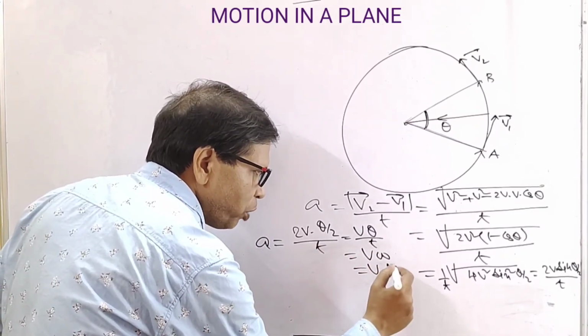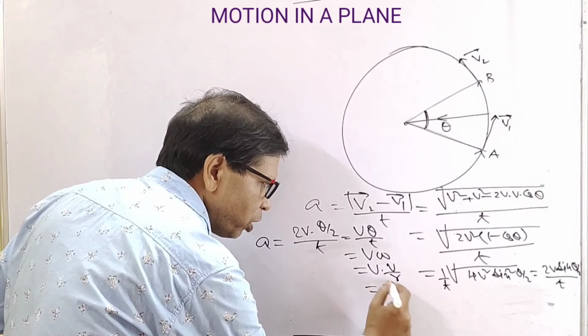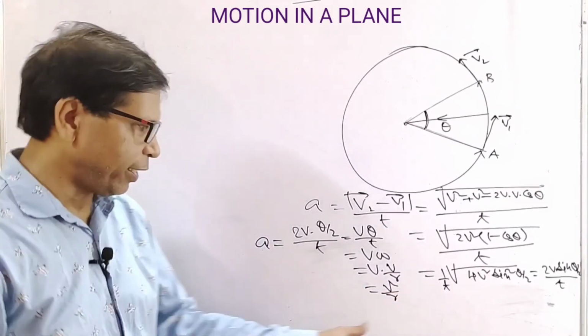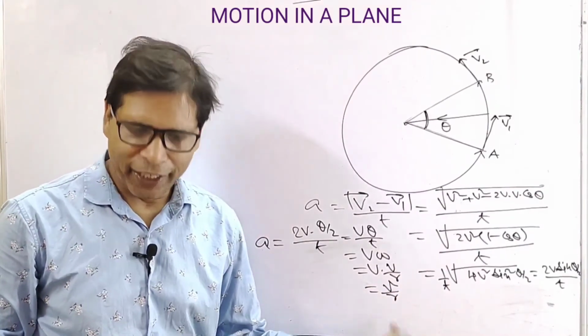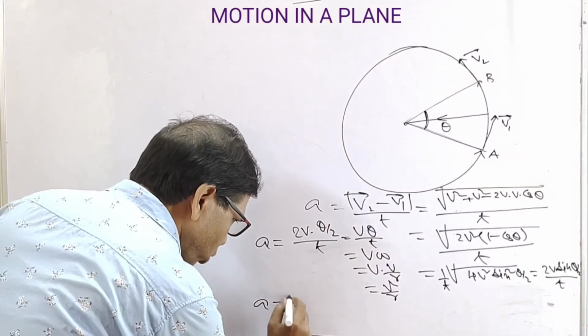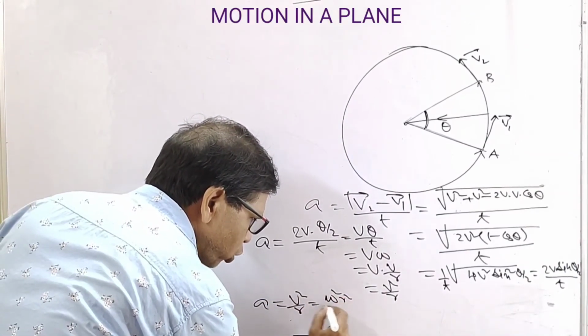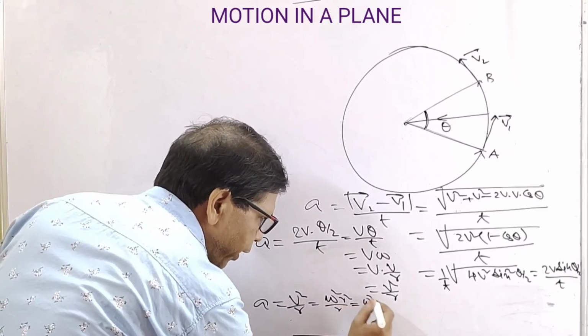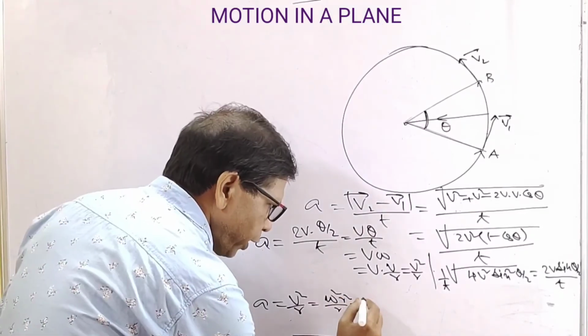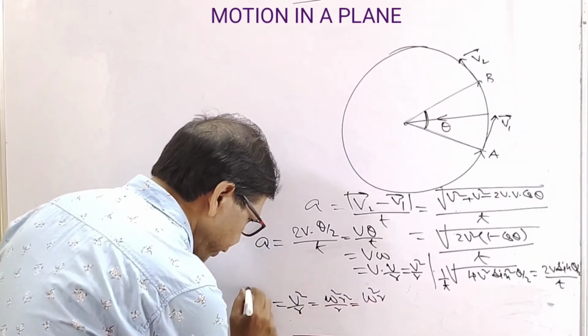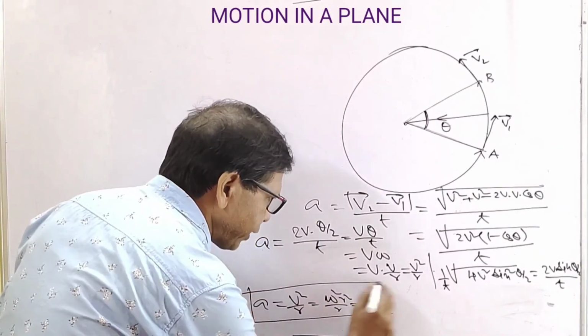Now omega equals v by r, so v square by r is the acceleration. Therefore A equals v square by r equals omega square r square by r, that is omega square into r. This is the centripetal acceleration.